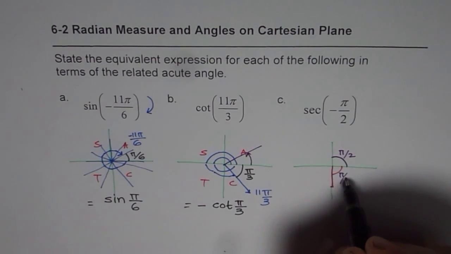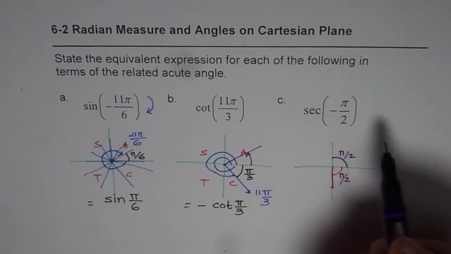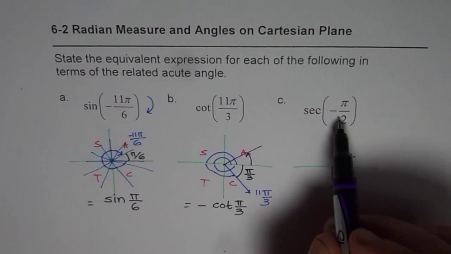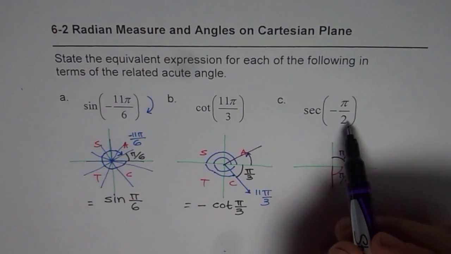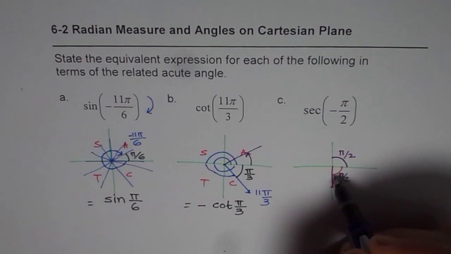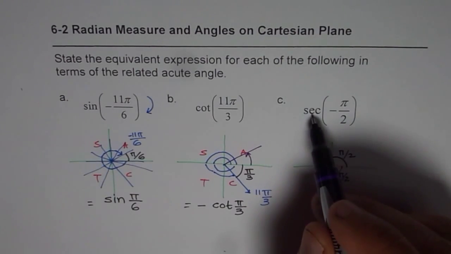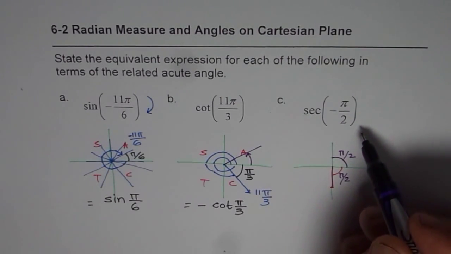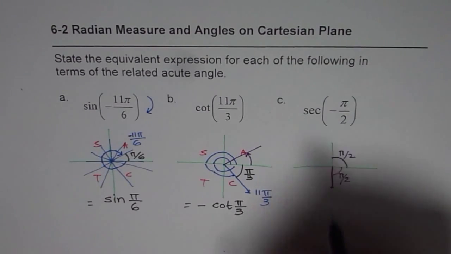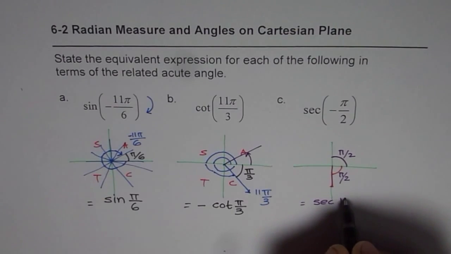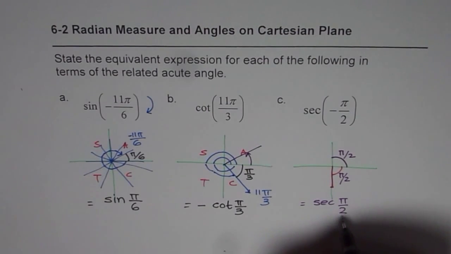It makes pi by 2, correct? Now secant is positive here in quadrant 4, and actually speaking, when we say minus pi by 2, the cos value is 0, right? Since cos value is 0, secant is undefined, correct? So we can write this as equal to secant pi by 2 itself, right? It is undefined at pi by 2.